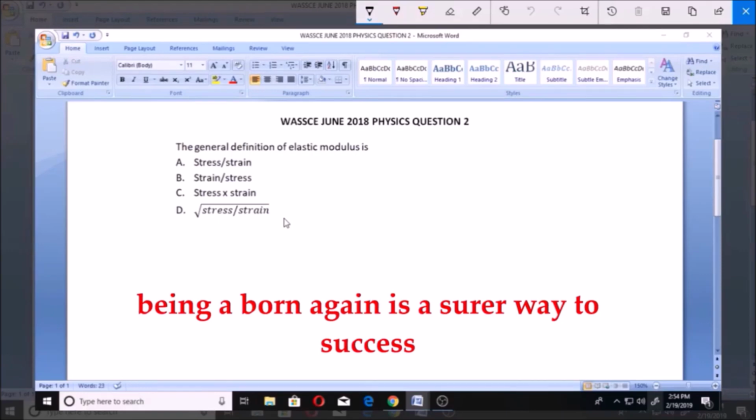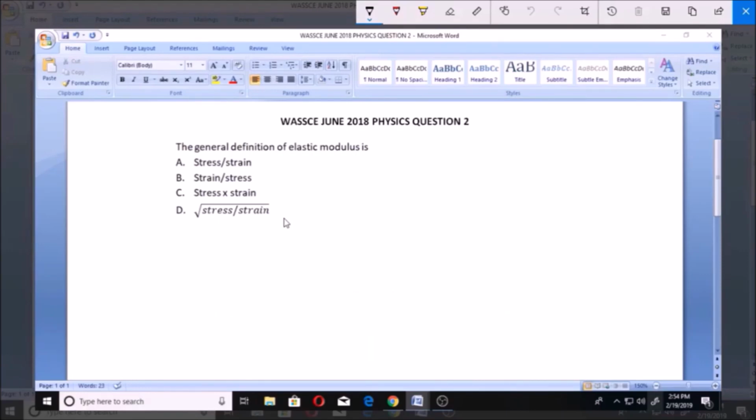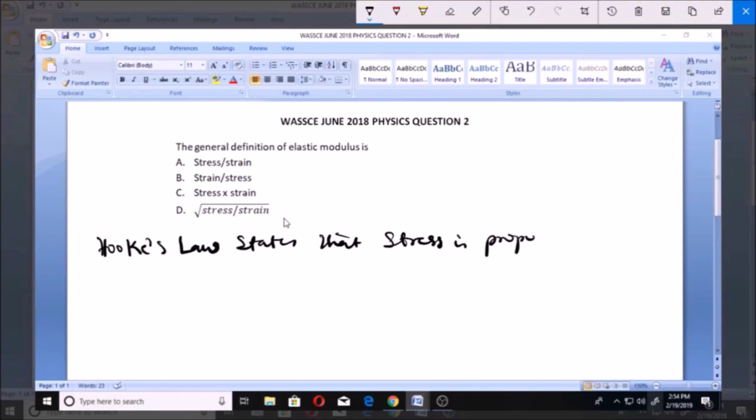For us to understand this problem, we need to understand the simple statement of Hooke's law, which states that stress is proportional to strain, provided the elastic limit is not exceeded.